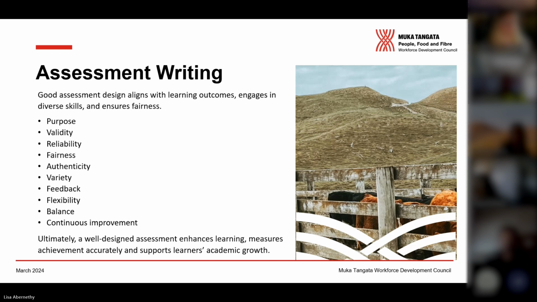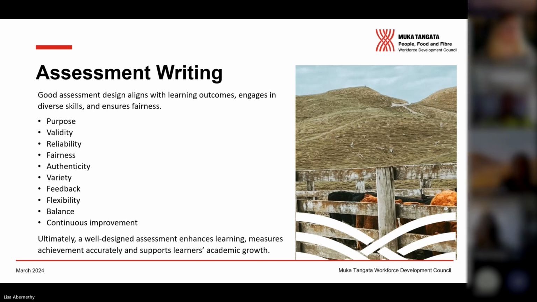We need to ensure the assessment measures what it intends to measure, so it needs to be valid. Reliability means consistency in results when the assessment is repeated. Avoid bias and ensure that learners have equal opportunities to succeed. This comes with fairness as well.